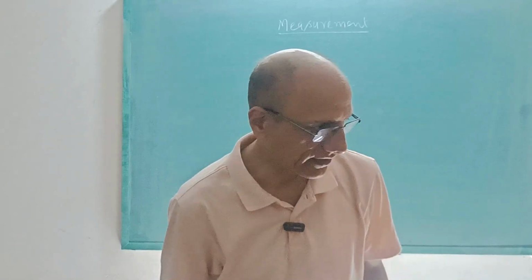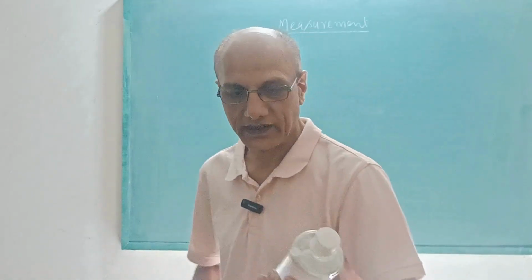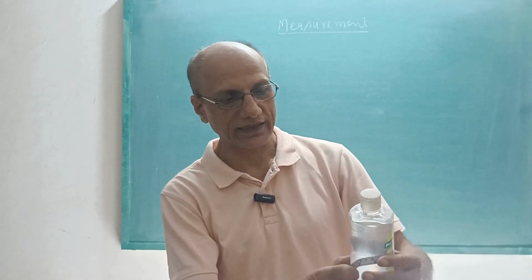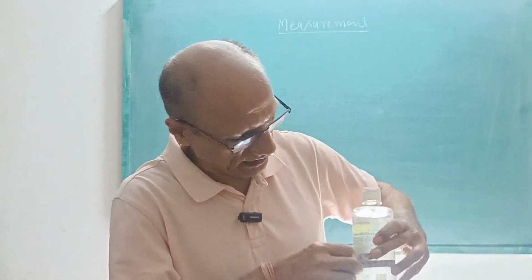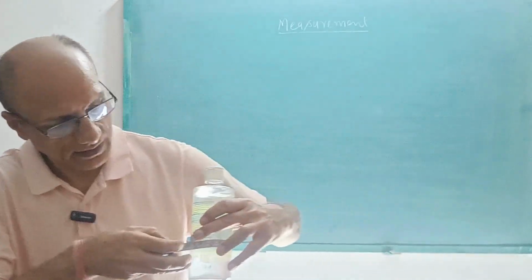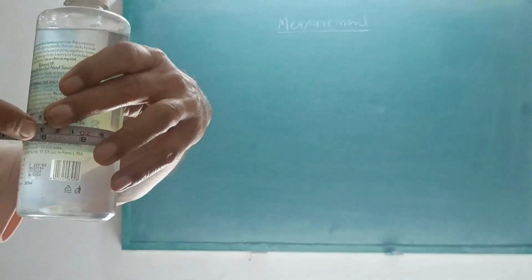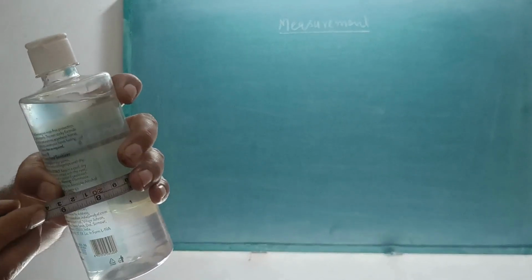Similarly, if I try to measure the diameter of this, it will be measured like this. Here we can see it is almost 9 inches, or in centimeters we can have 22 centimeters.